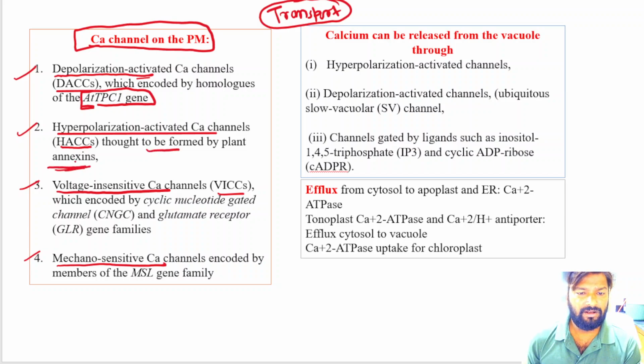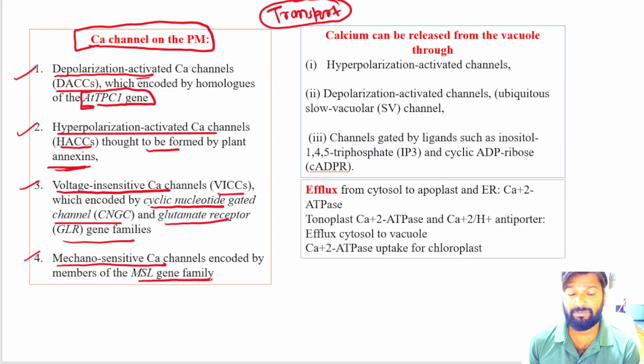Third is VICC, which is encoded by the cyclic nucleotide gated channels, CNGC, and the glutamate receptor. Fourth is the mechanosensitive calcium channel, encoded by members of MCA.